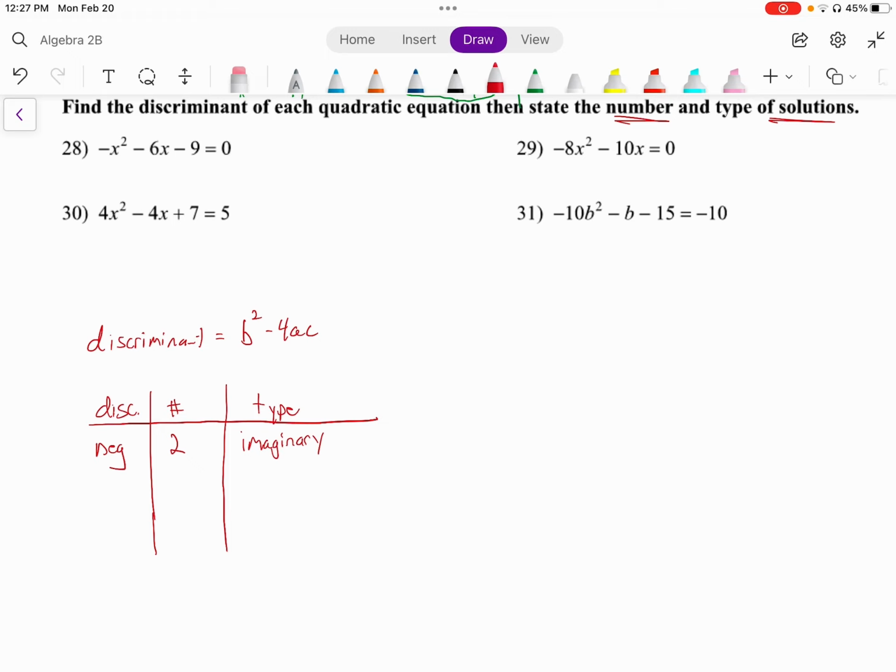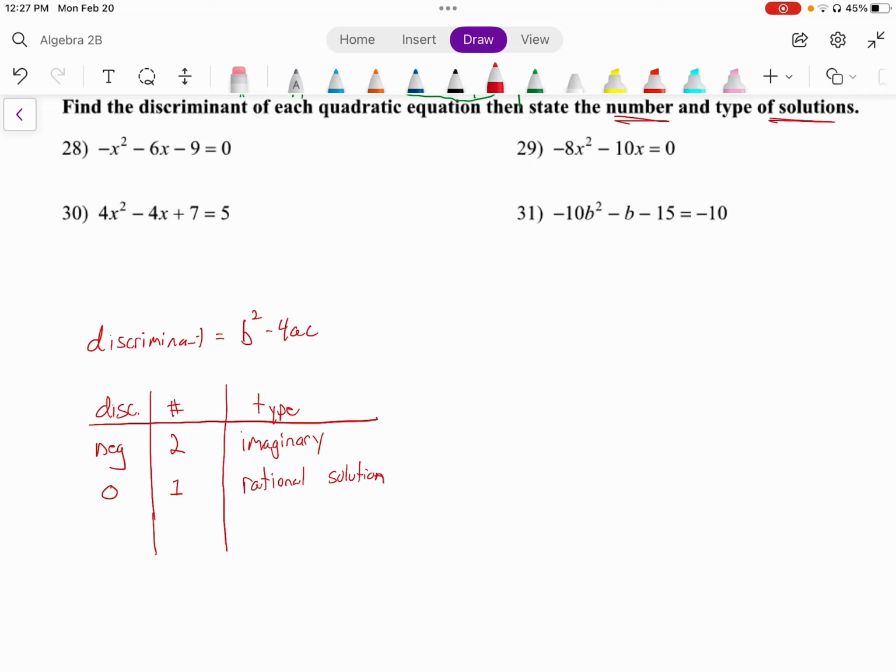If the discriminant is 0, you have one rational solution. That's because you'll take the square root of 0 and there's a plus or minus in front of that. So you're adding and subtracting 0, which is the same thing.